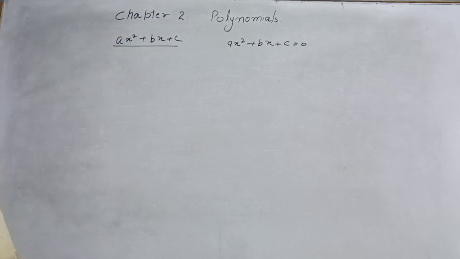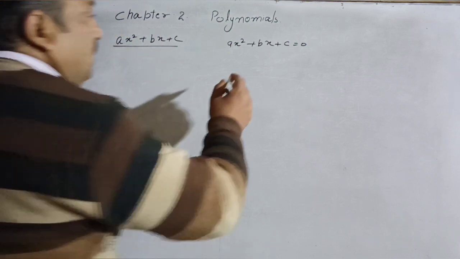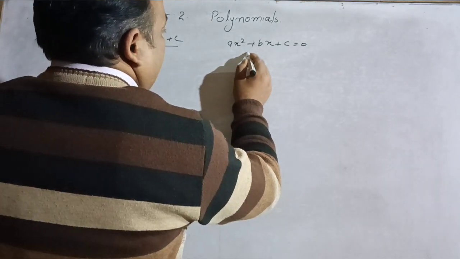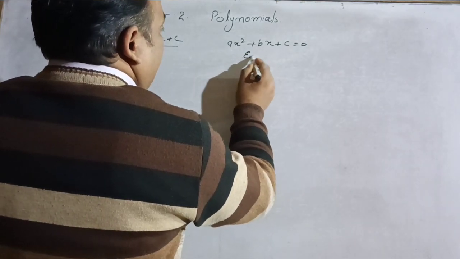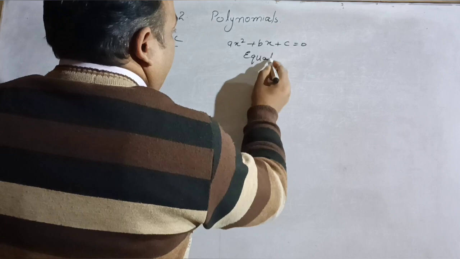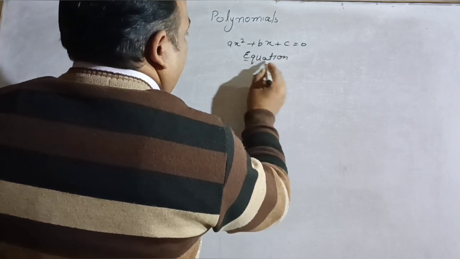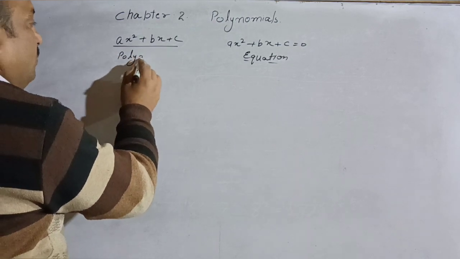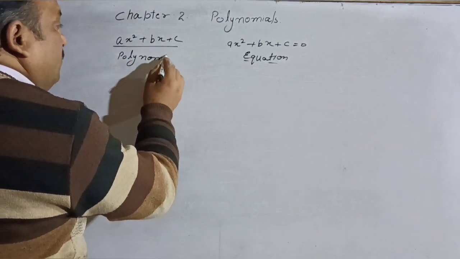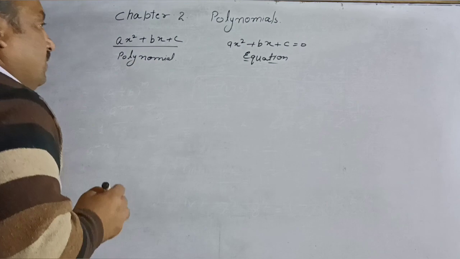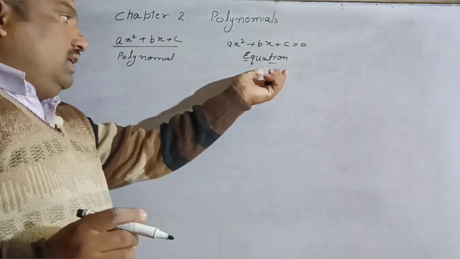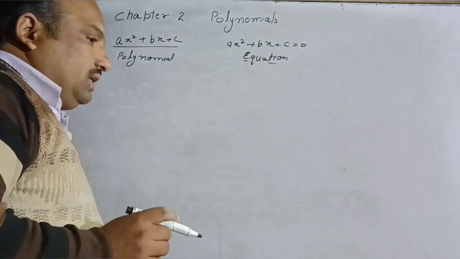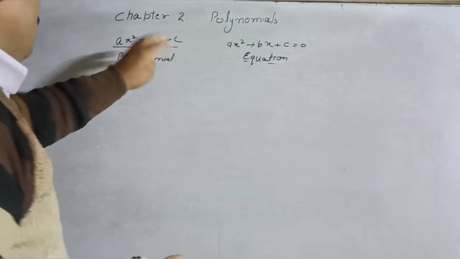But according to the power, this is called an equation and this is called a polynomial. We read about the equation in the next chapter, but in this chapter we read about polynomials.